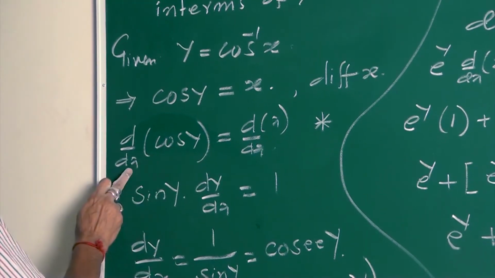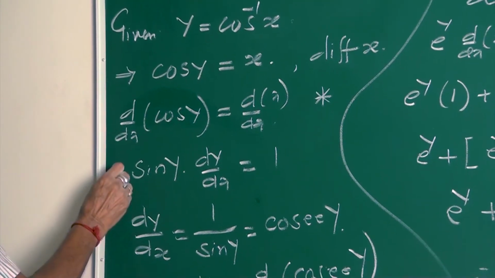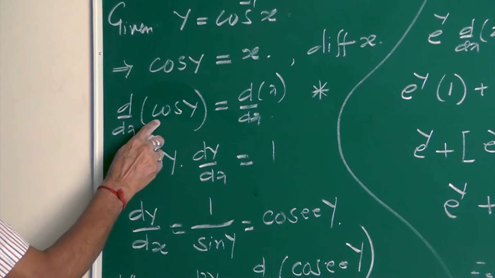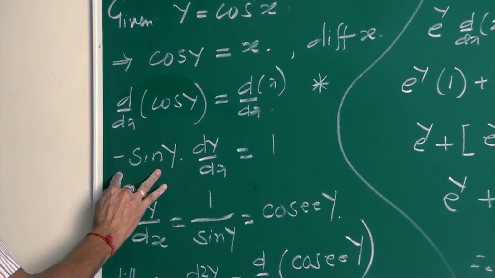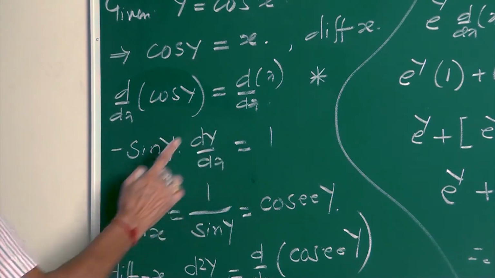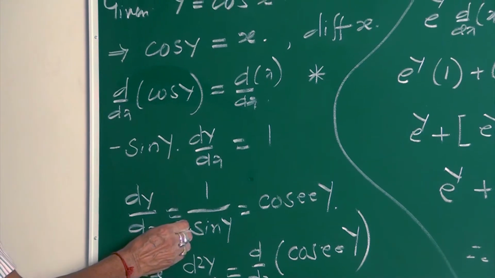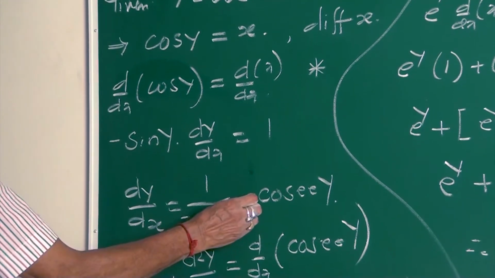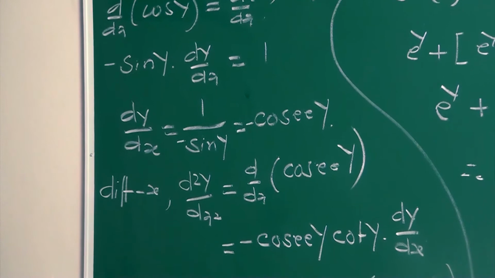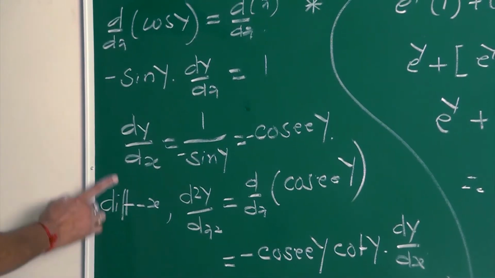Derivative of cos y with respect to x: first with respect to y, it is minus sin y. Derivative of cos y is minus sin y into dy by dx, equal to 1. So dy by dx is 1 upon minus sin y, which is minus cosec y. Differentiate again with respect to x.